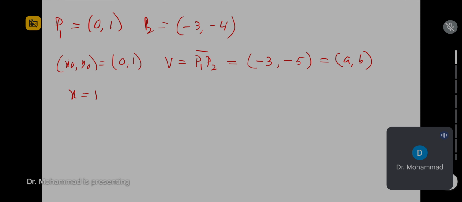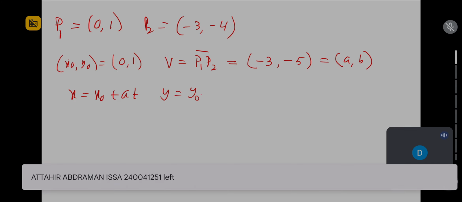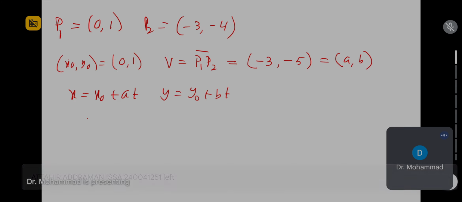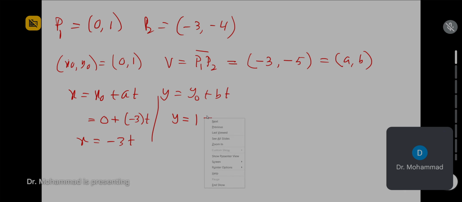So now x equals x naught plus at, y equals y naught plus bt. So x naught is 0, plus a is -3 and t, that is -3t. This is our x. And we have the y, that is 1 plus -5t, that is 1 minus 5t, and this is our y.